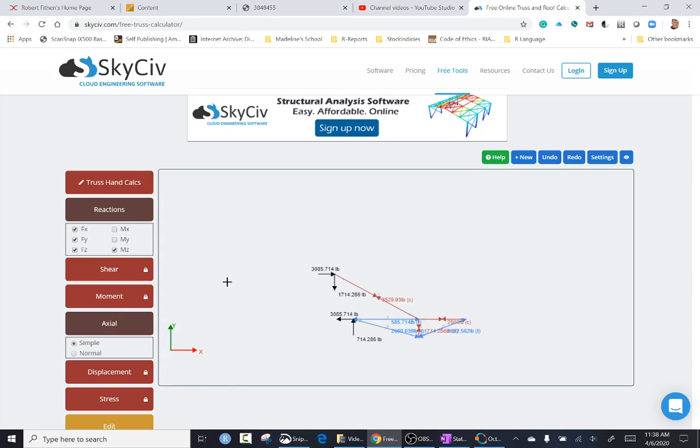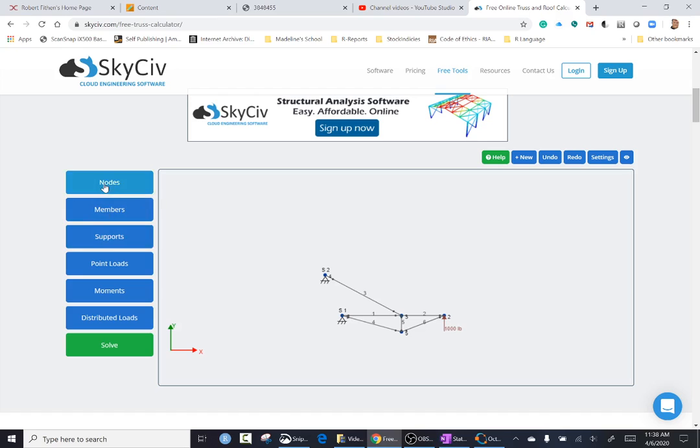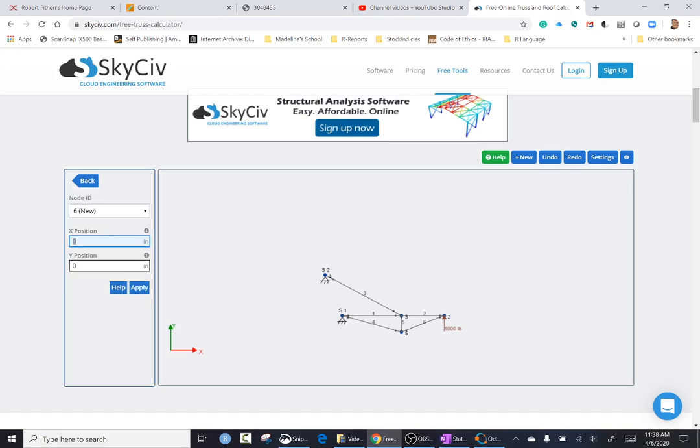What is interesting is this. If I edit node 5 and bring it up to minus 0.2, let's just do that. Oh. Doesn't let me move it. Minus 1, will it let me apply that? Oh, it does.